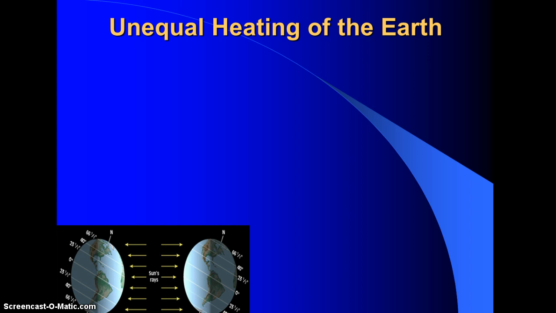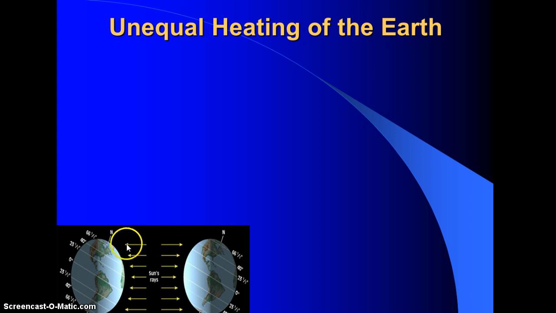The last slide, unequal heating of the Earth. In this image, you see that we have the sun and the Earth in two different positions. This right here is representing summer in the northern hemisphere. You can already see that there's a more direct hit in the equator area. If you're looking at the angle of these lines, it's more direct. Up here at the poles, there's a much smaller angle.